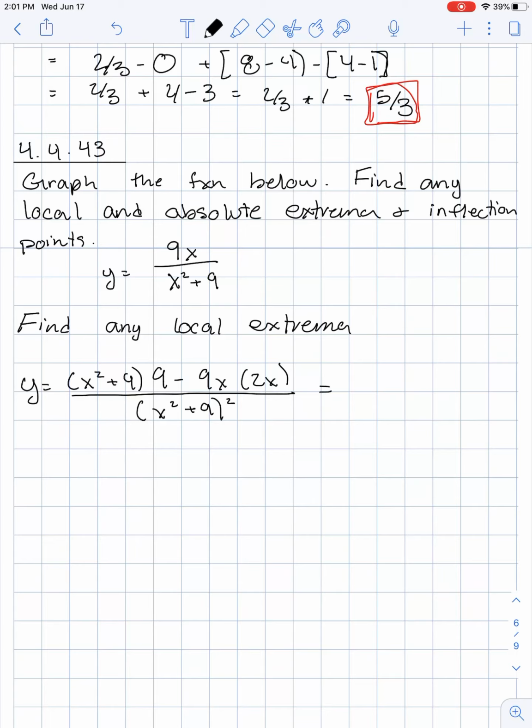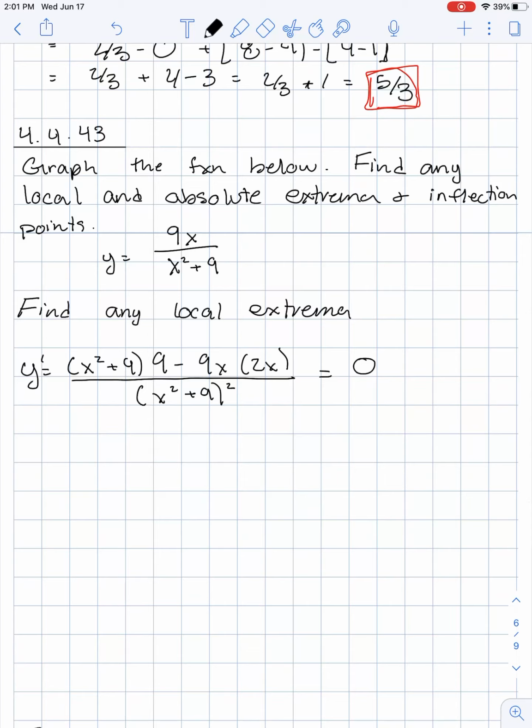I'm going to set y prime equal to 0. Local extrema also happen when the derivative is undefined, so I need to find when the top is 0 and the bottom is 0. Let's set the top equal to 0. Let's also distribute. So this is 9x squared plus 81 minus 18x.